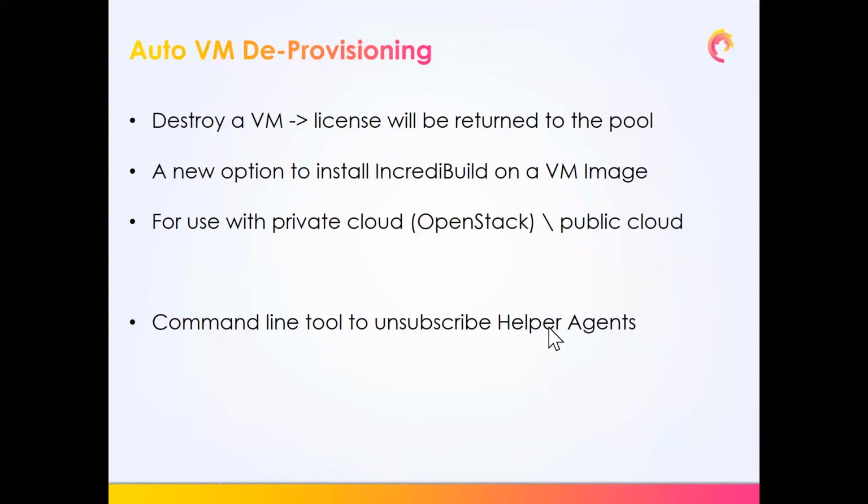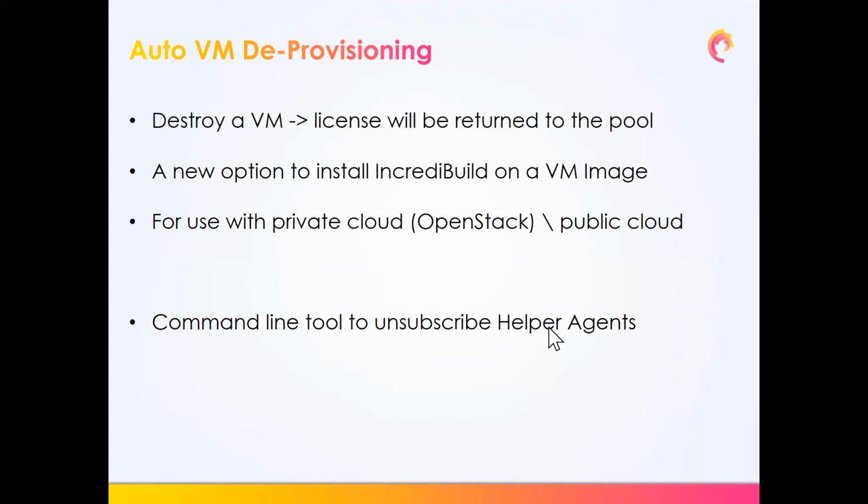We offer another feature as part of that, but this one is only for helpers. This one is a command line tool that allows you to unsubscribe a helper agent from the coordinator, which means that once you do that, the core package assigned to this agent will automatically be released to the IncrediBuild tool.